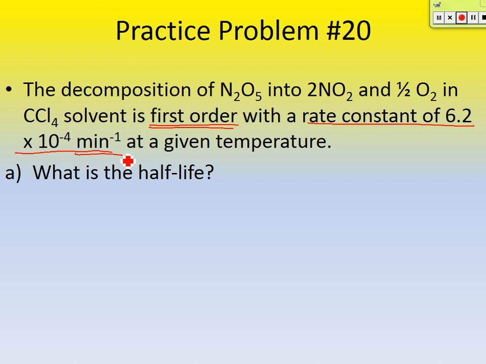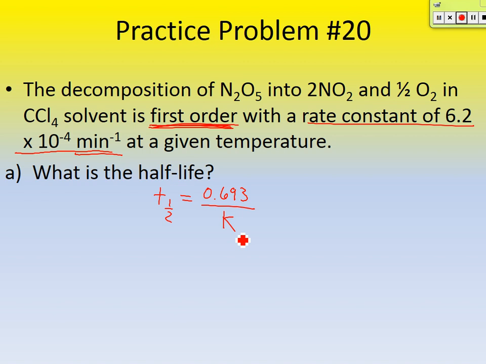What equation should we use, guys? Zero, first, or second order equation? First order. It told us that this reaction follows first order kinetics. So let's go to our page, look up the first order page, and let's write down the equation for half-life. T to the 1/2 for first order is equal to 0.693 divided by the rate constant.